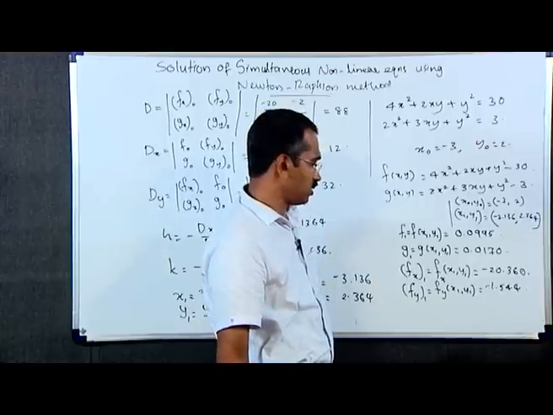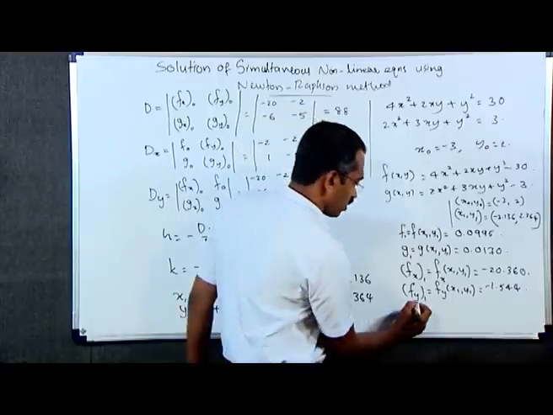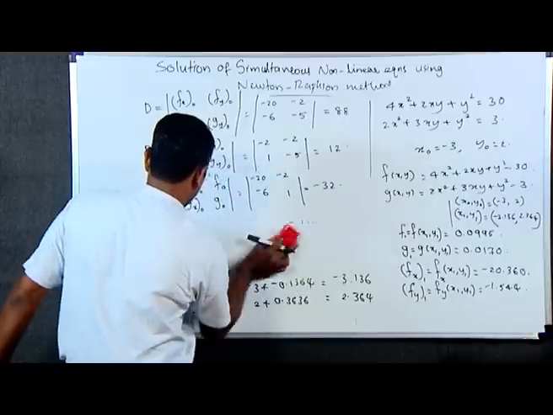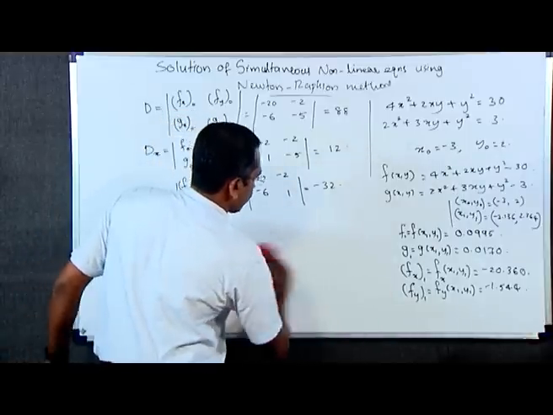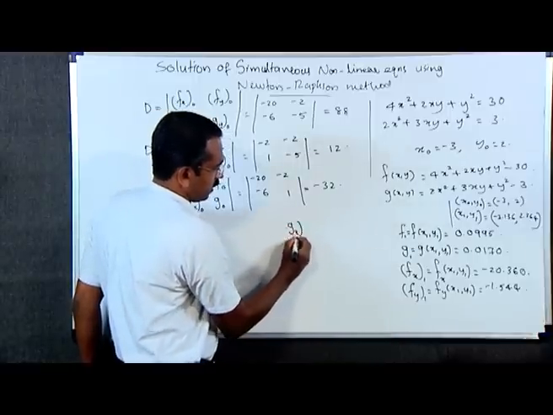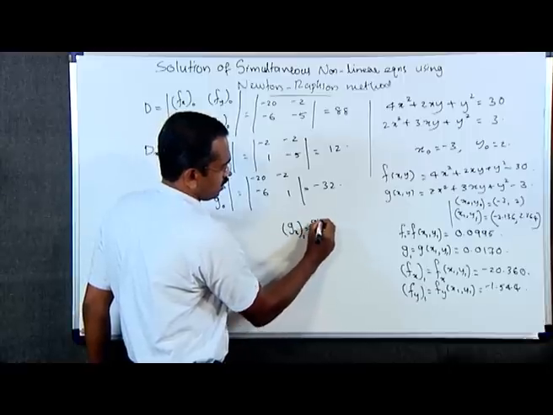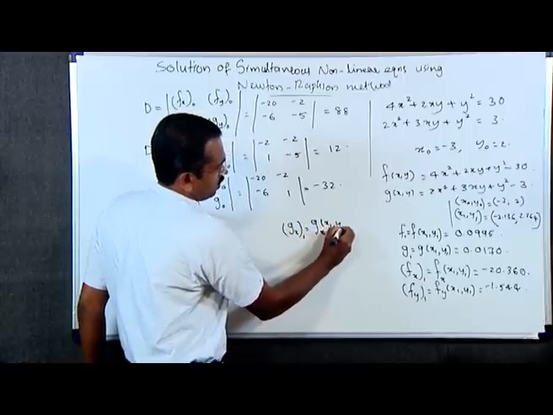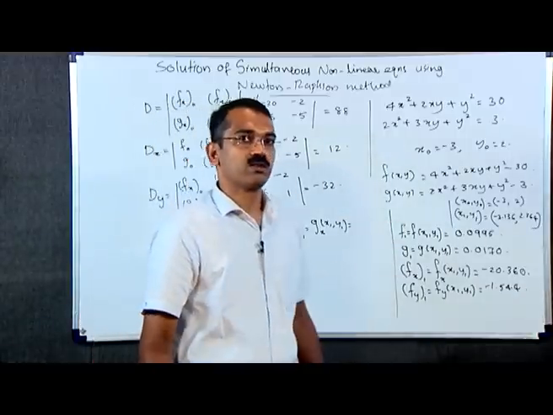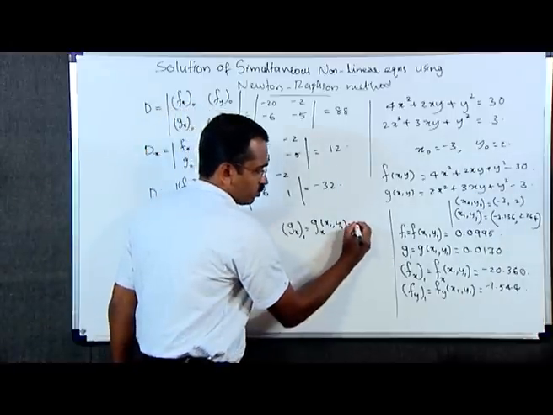Now, gx1, the partial derivative of g with respect to x at x1, y1, we will get as minus 5.452.